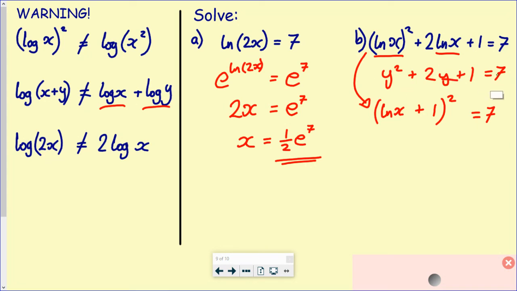So either factorise this and then rewrite it, or just do it in one step. And now we can start rearranging this. So ln x plus 1 equals plus or minus the square root of 7. And then we're going to have ln x equals plus or minus the square root of 7 minus 1. That's subtracting 1 from both sides.